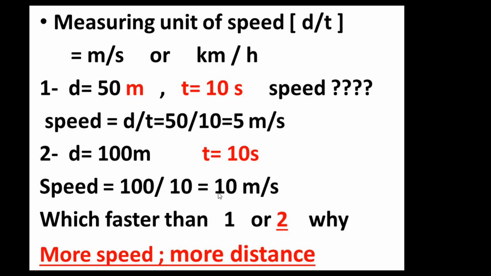Which is faster? Clear, it is number 2, 10 meter per second. Why? At the same time, 10 seconds, it travels 100 meter, more than 50 meter. So more speed. Why? The object travels more distance in the same time.